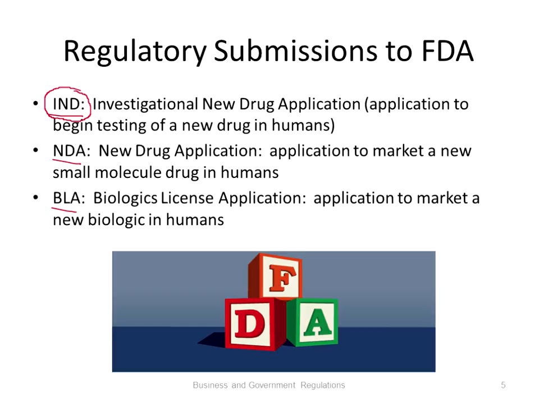Then NDA or BLA, you either do an NDA or a BLA, depending on whether you have a small molecule or a biologic. So mostly we'll be talking about BLAs because we are concerned more with biologics, right? So these are the different submissions to the FDA.